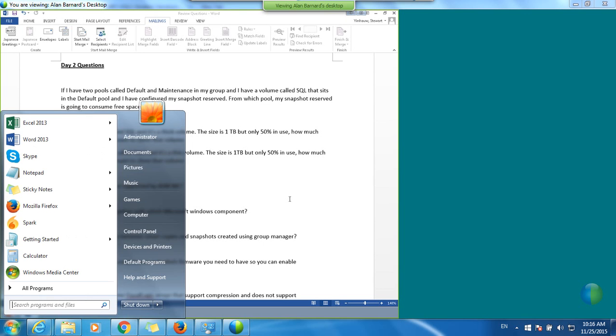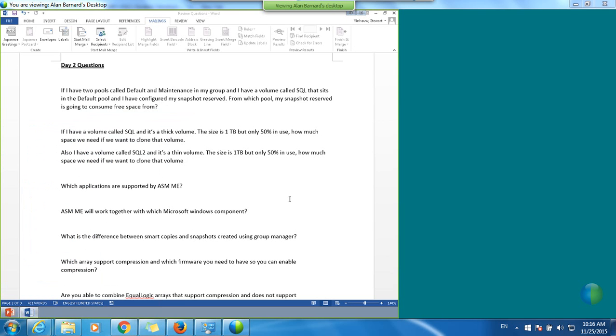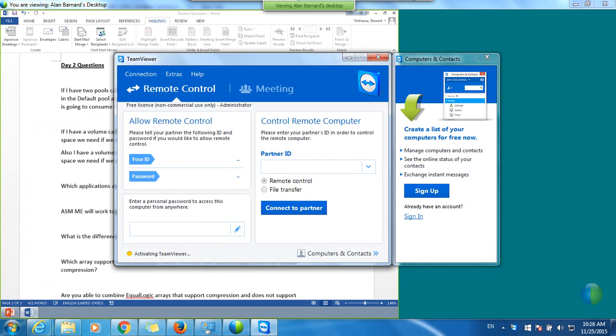I have a volume called SQL that sits in the default pool. I have configured my snapshot reserve.